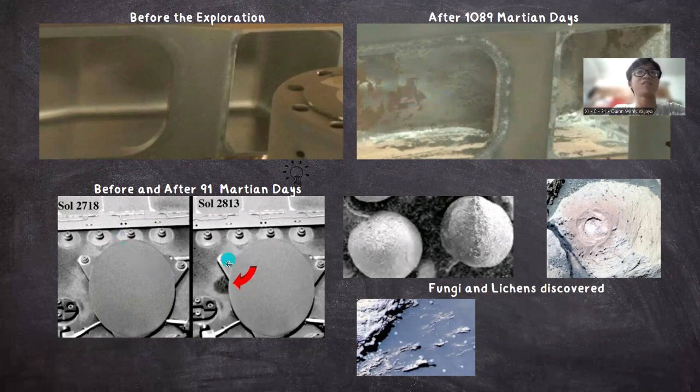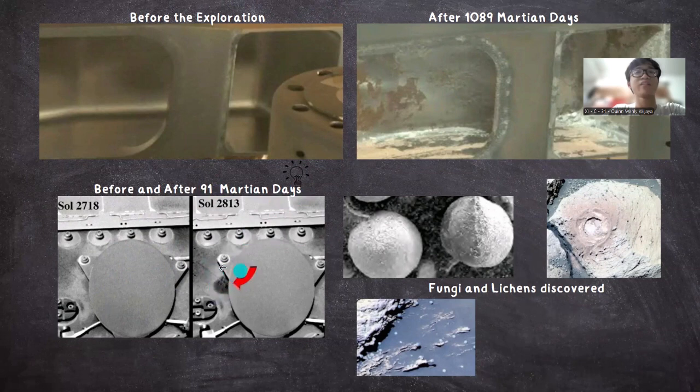And in the lower left part, this is a photo taken by the Opportunity rover. On the left side, we can see it before the exploration started, and on the right side, it is after 91 Martian days.